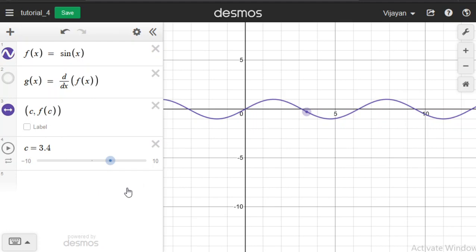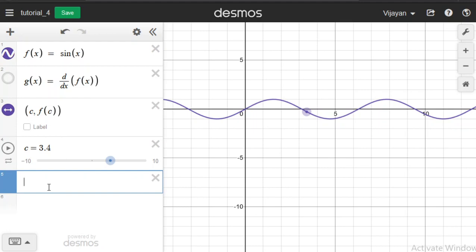Now next, I will write the equation of the tangent of this given curve of sin x. So how will I write the equation of the tangent? We know from the straight lines chapter that y minus y1 is equal to m times x minus x1, where m is the slope of that given function at any point. So here the slope is equal to the derivative of that function.